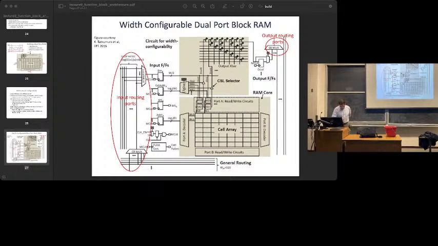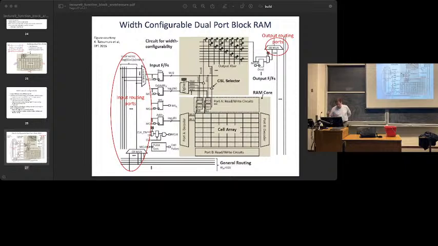And to get to this local routing, we had muxes from the general routing. So this is just all the island-style FPGA circuitry we've seen before. It's very similar to what you would have to go into a logic block. But it's costly, so it's important to remember that it's there.